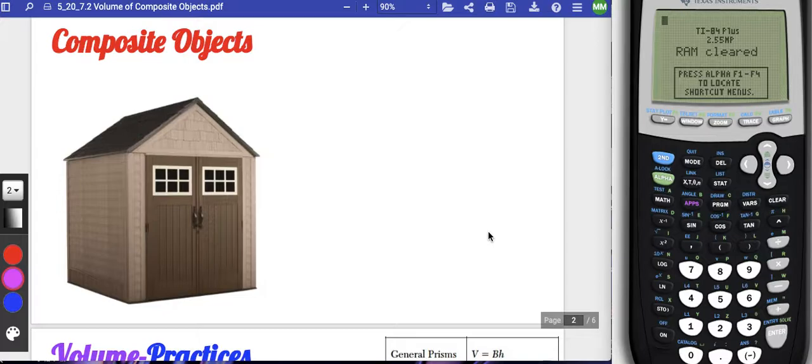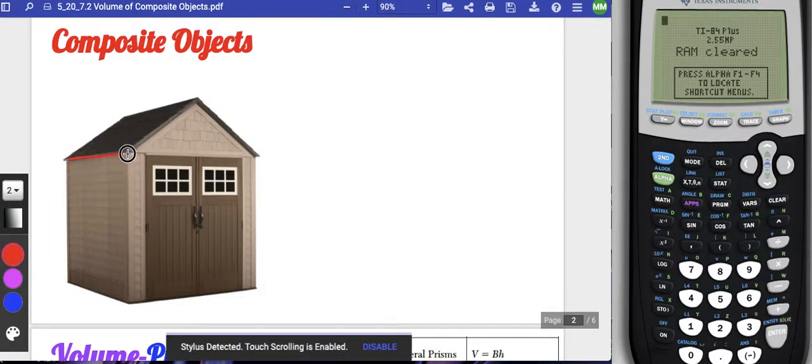So for example, if you see the picture here, you cannot just say, oh, this is a cube or this is a rectangular prism, or even a pyramid. So apparently it's actually combined from different pieces.